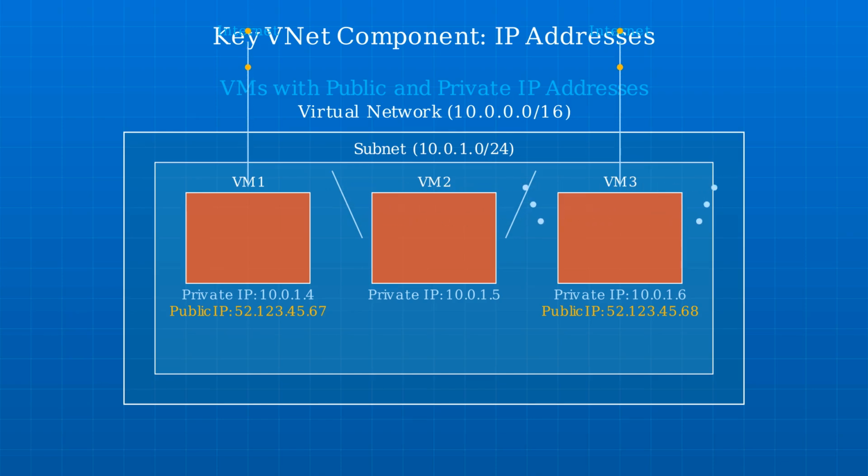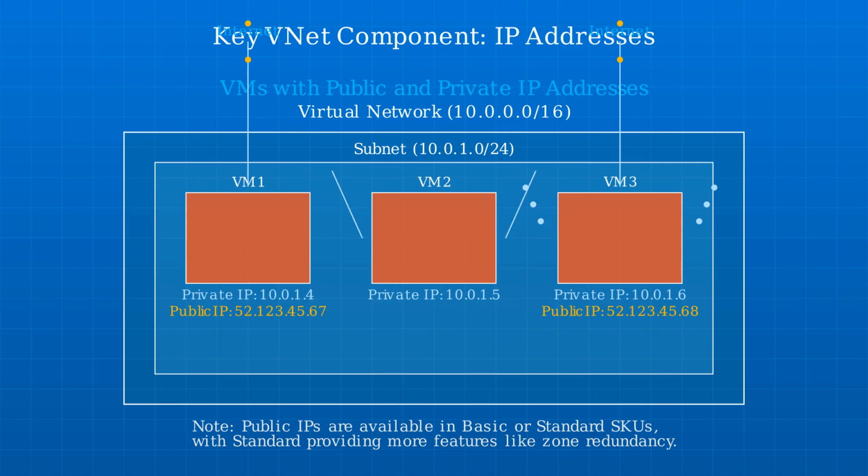VMs with public IP addresses can also communicate with the internet, while VMs with only private IPs cannot directly access or be accessed from the internet. Note that public IP addresses are available in basic or standard SKUs, with standard providing more features like zone redundancy and improved security. Understanding IP addressing in Azure is crucial for proper network design and connectivity.